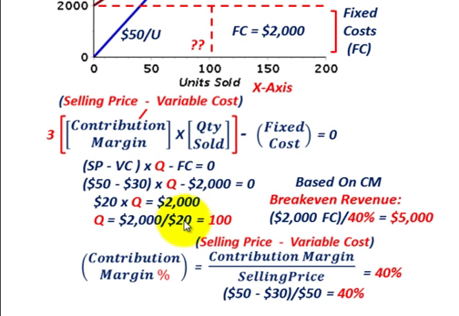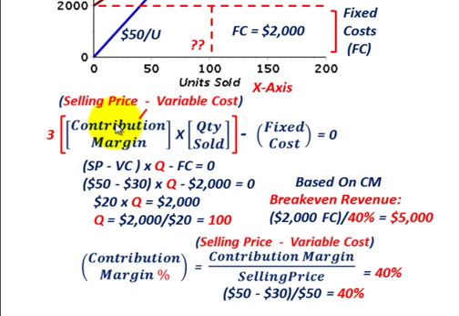It's essentially just substituting the 40% in here for this $20. Now we come up with the break-even revenue, and that's based on that quantity sold, 100 units. So break-even revenue, $5,000. Same as we calculated up above using our equation where we had our selling price and our variable cost.